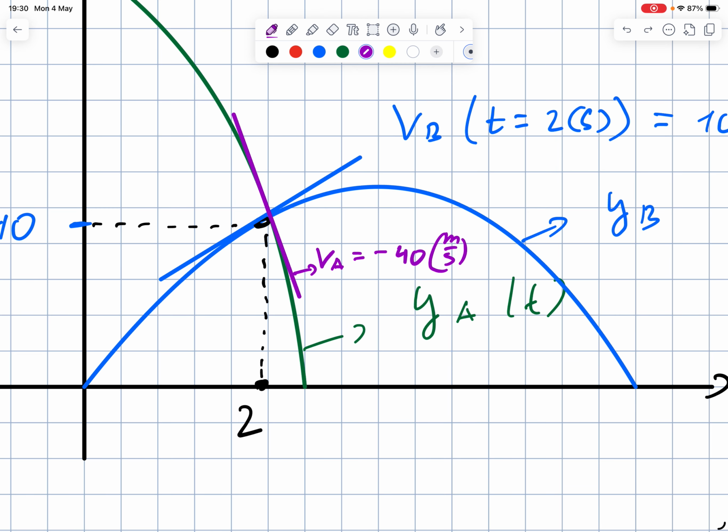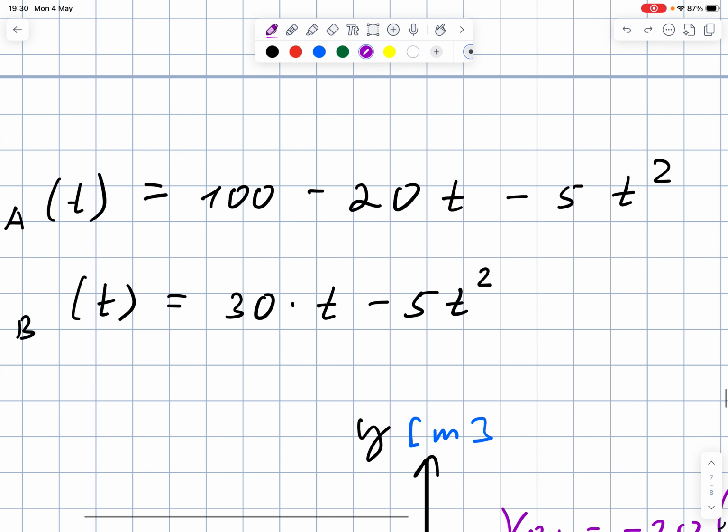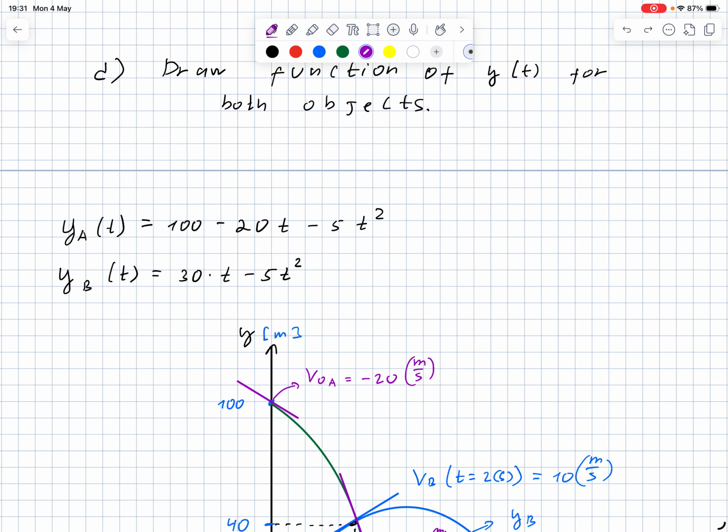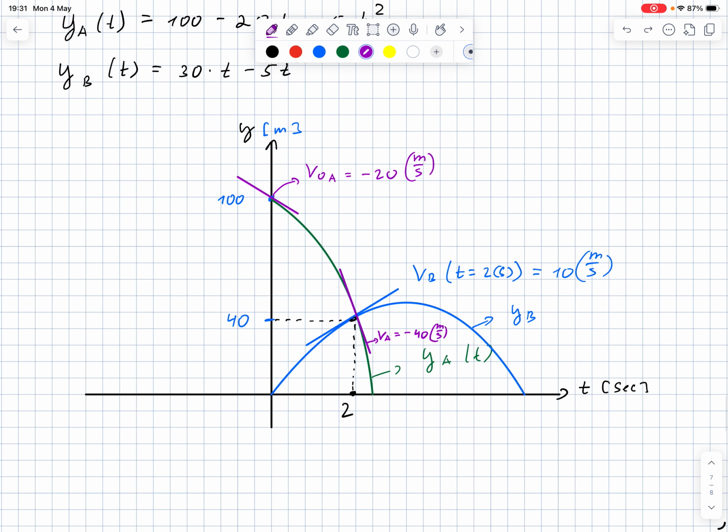Let's talk about B. B also has a negative coefficient, which means this function is also an unhappy parabola. As you can see, I decided to draw this graph. Now, why is that?